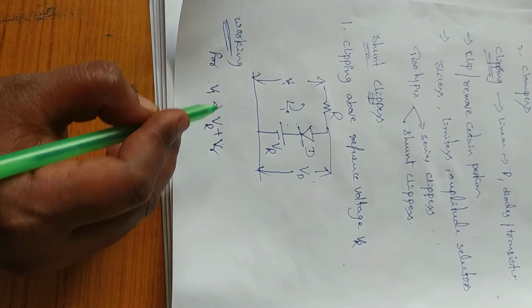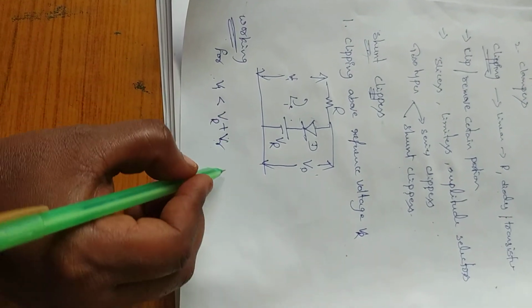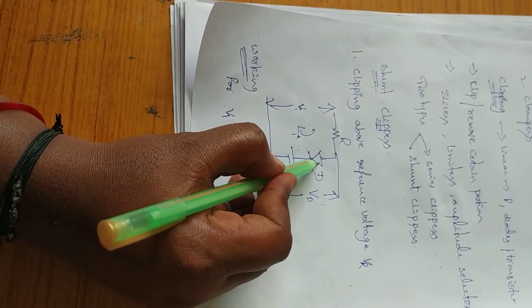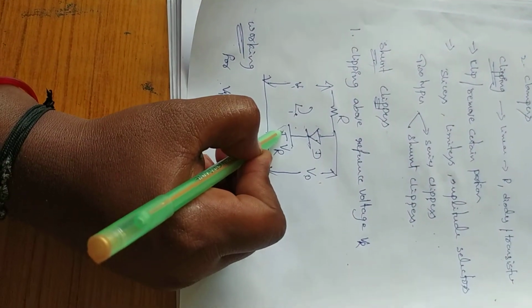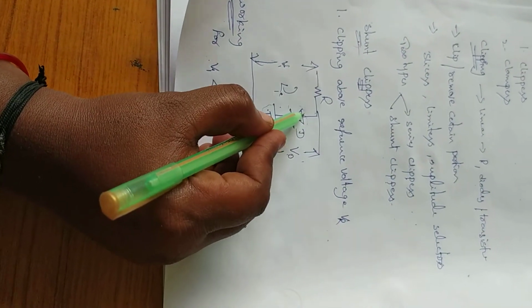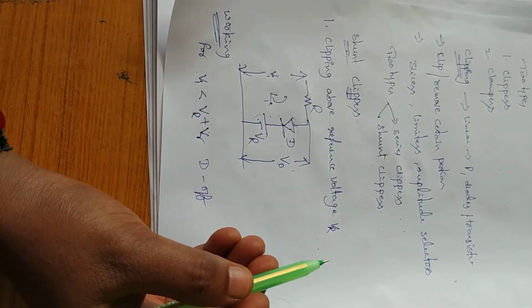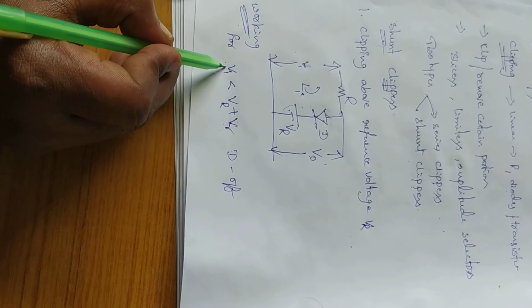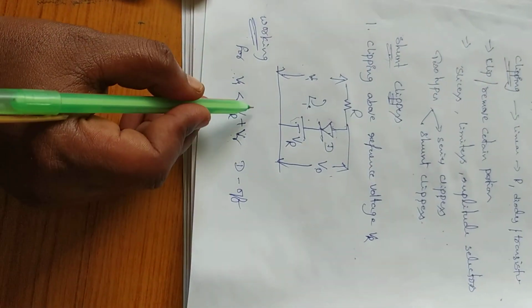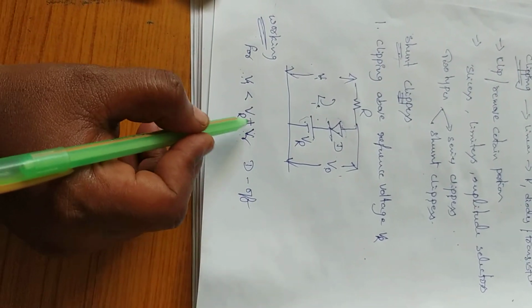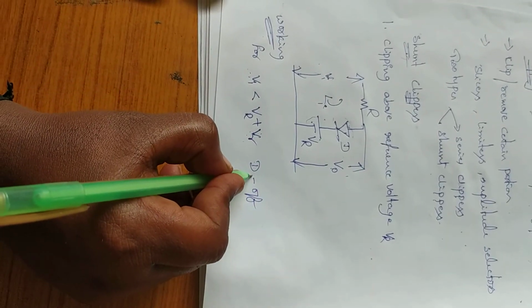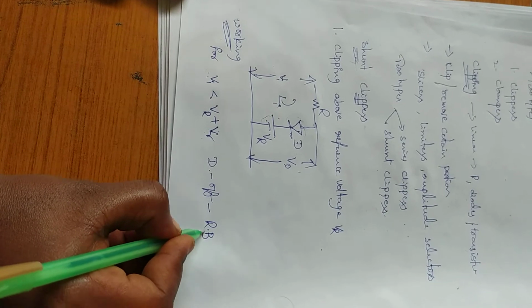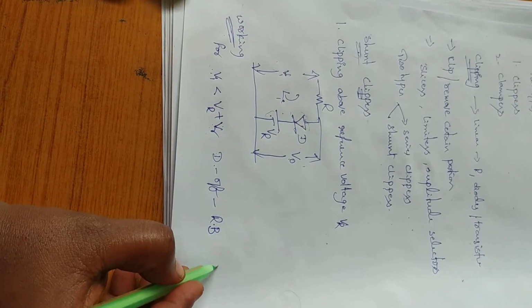When the applied voltage is less than this voltage, the diode is off, because it is reverse biased and there is no conduction.